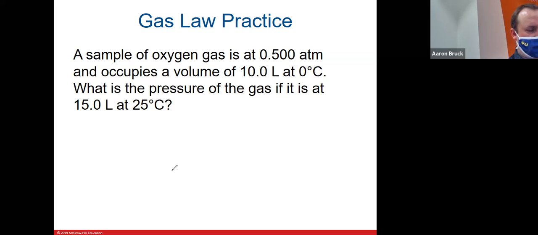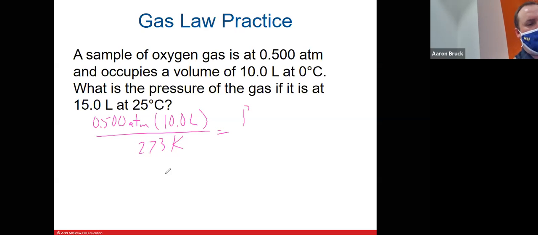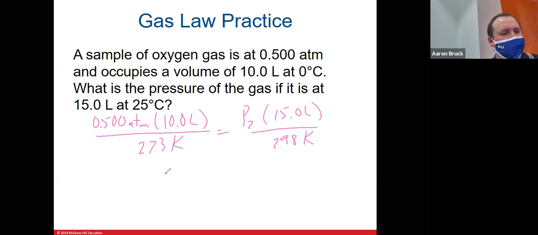All that drawing is gone now. All right, let's reconstruct it. So we had half of an atmosphere multiplied by 10.0 liters over 273 Kelvin is equal to P2 times 15 liters over 298 Kelvin. Okay, so we're back to where we started.